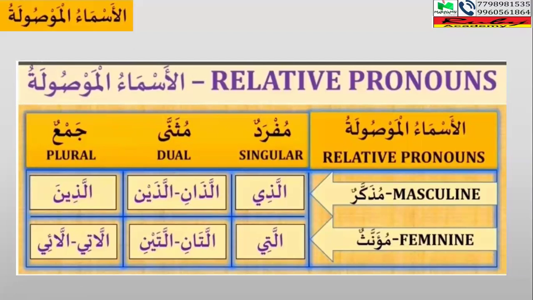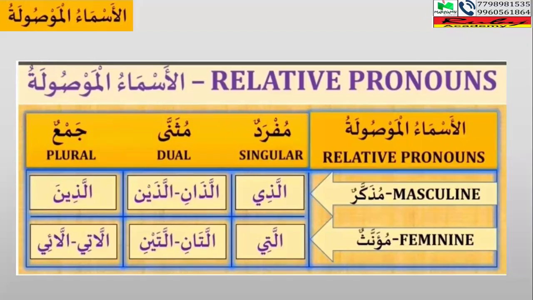Then for the plural, allazina, this is masculine plural. Then the feminine singular is allati. For the dual, again, allatani and allataini. And in the plural form, we use two ways: either allati or alla'i. Here is the Hamza in alla'i, and this is allati.